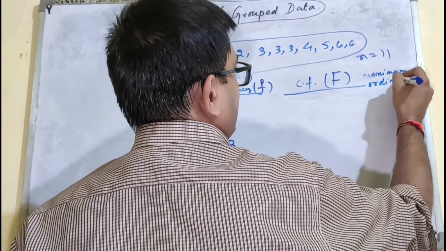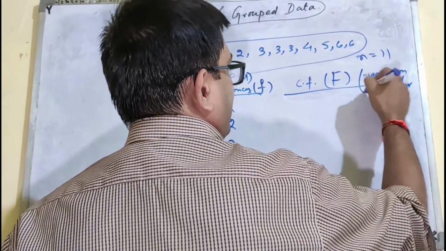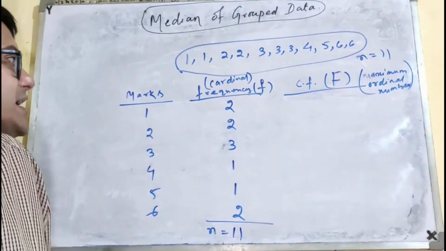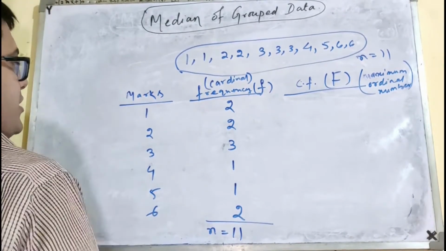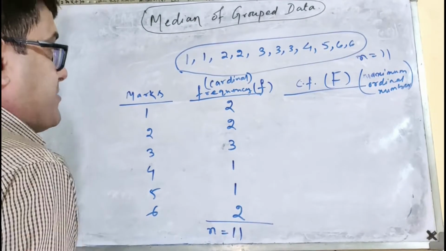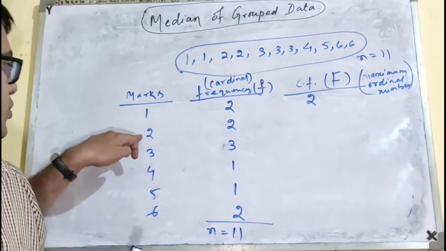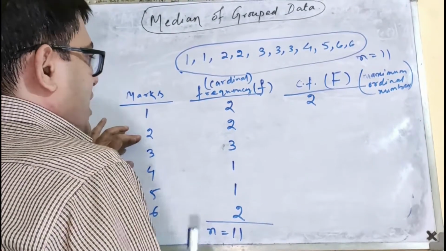ordinal number of that particular data point. So the data point 1 can have first position, it could also have second position. The maximum is second, so it is going to be 2. 2, however, cannot have first or second.